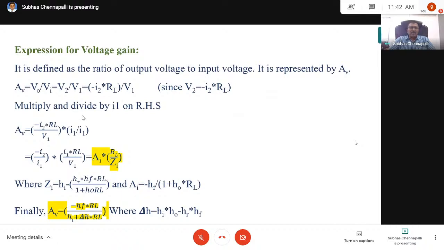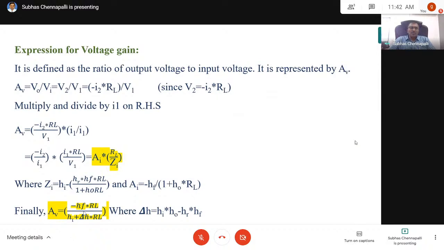Multiply and divide both sides with I1, then minus I2 by I1 is the current gain here, and V1 by I1 becomes Zi. So voltage gain is current gain times RL by input impedance. This you can remember, or you substitute values for AI and Zi and get something.